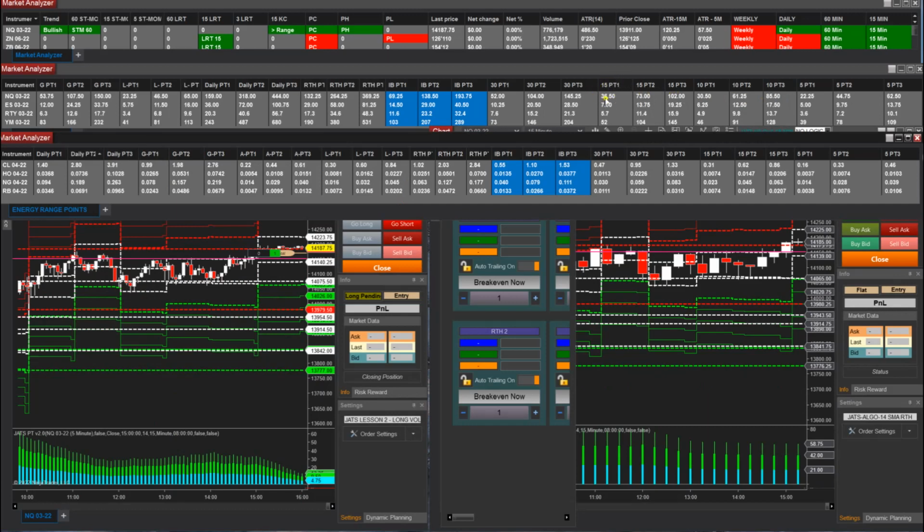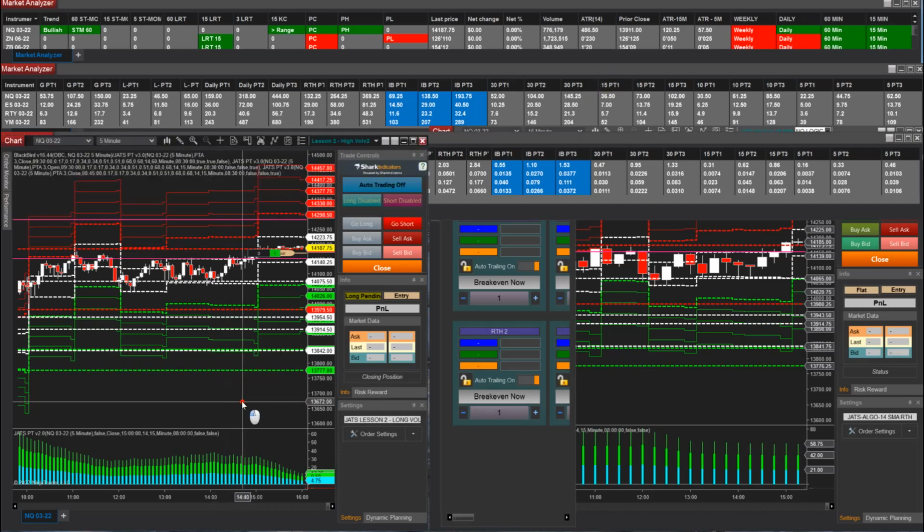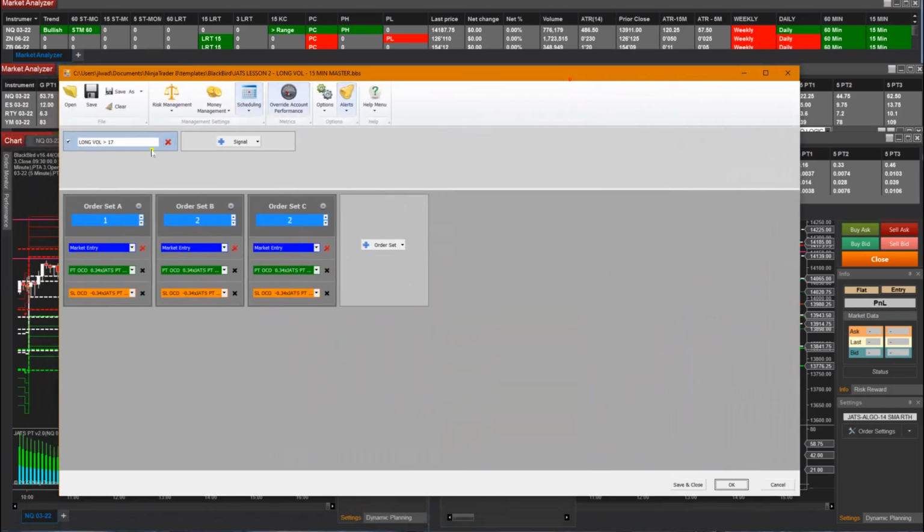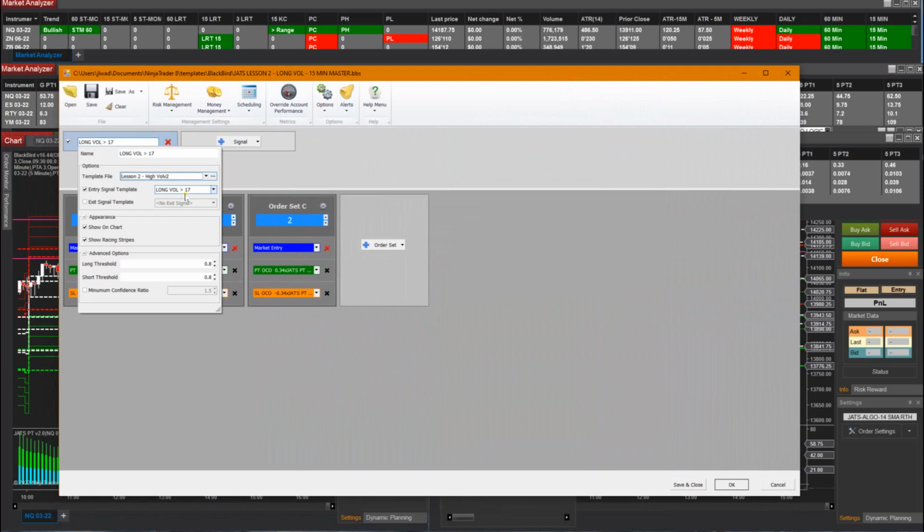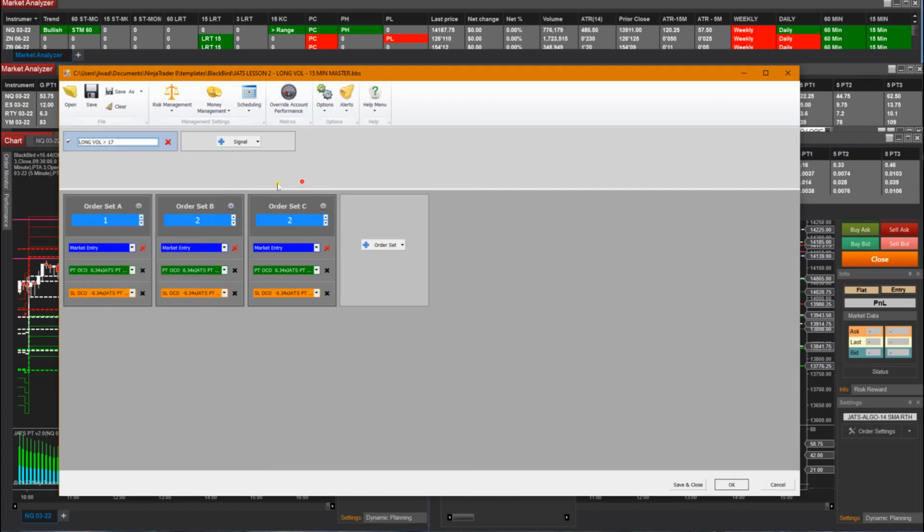So I constructed a Blackbird template just using the PT1 of a 15-minute custom time series, without anything else really, except for that long vol. If the vol is going long, above 17, a threshold, we can enter one contract.